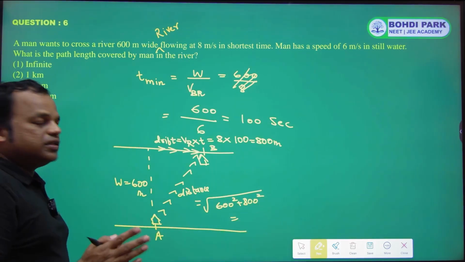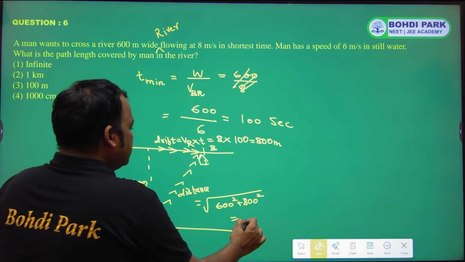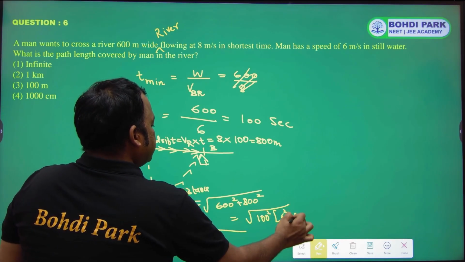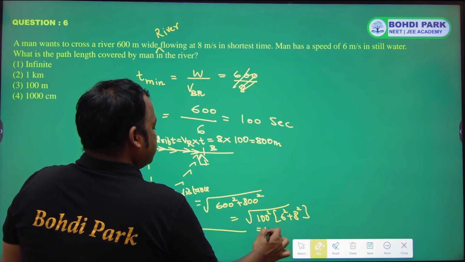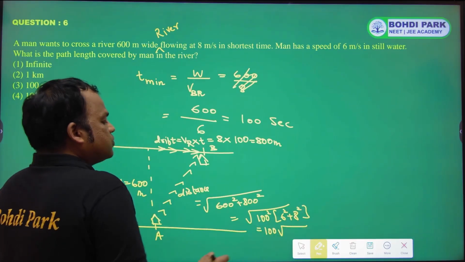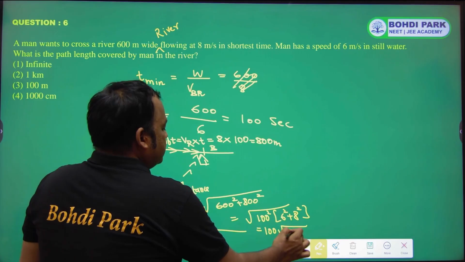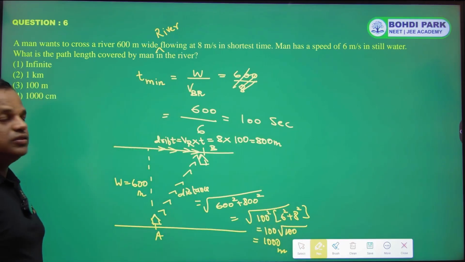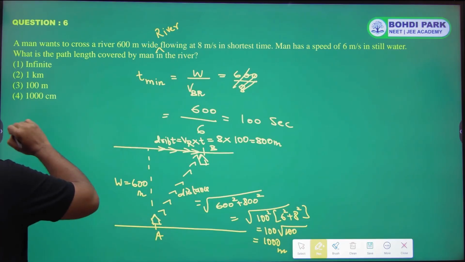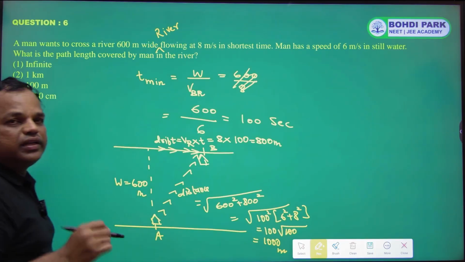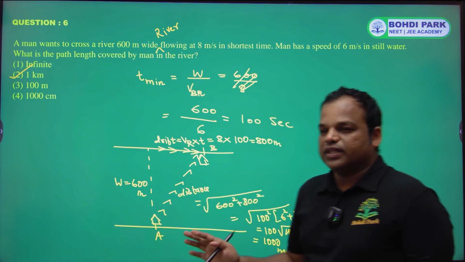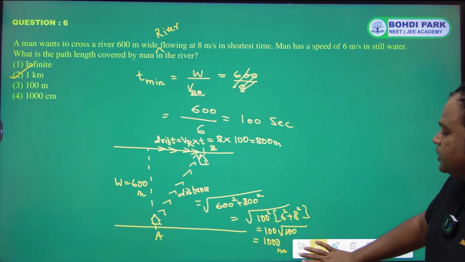So if we solve this, we'll get 100 square common, 6 square plus 8 square. So this will be 100 square root of 100. So that is equal to 1000 meter. So distance covered is equal to 1000 meter means 1 kilometer. So second option. Okay, done. Now next question.